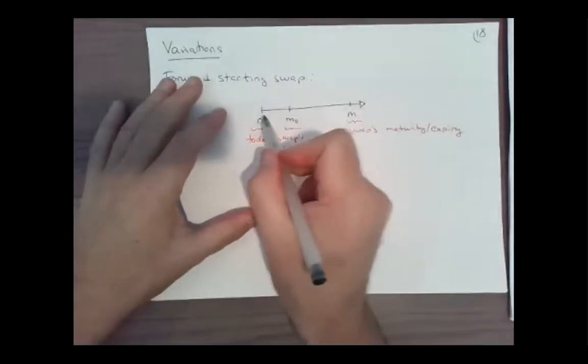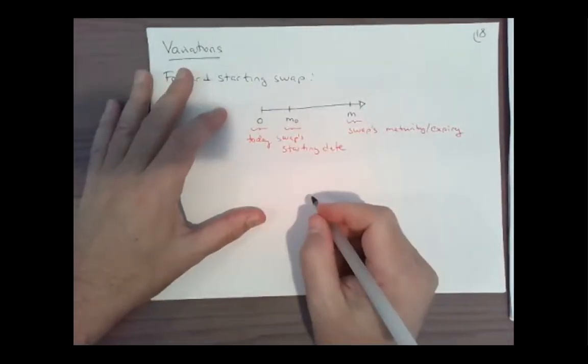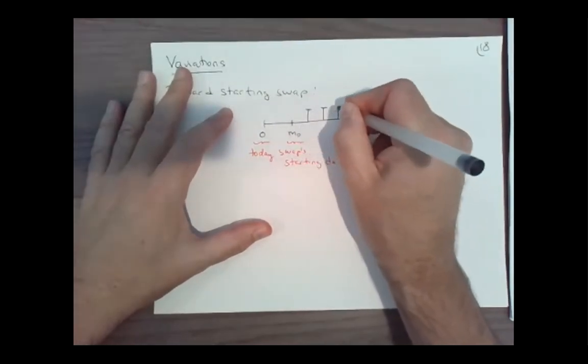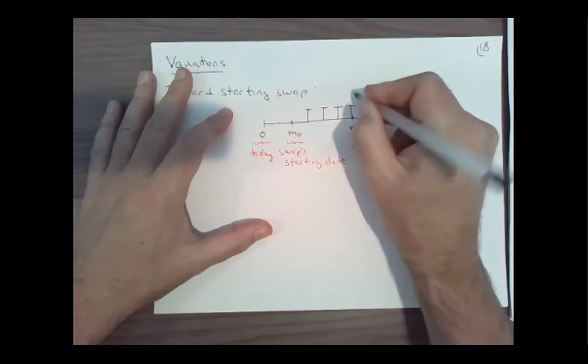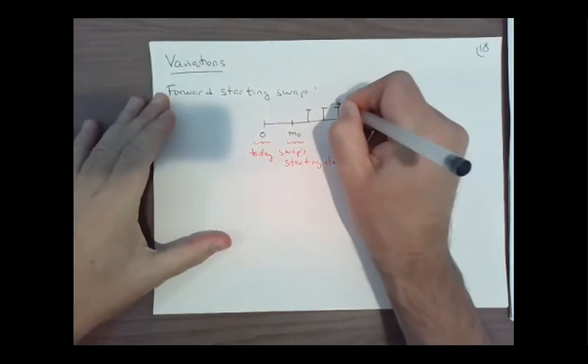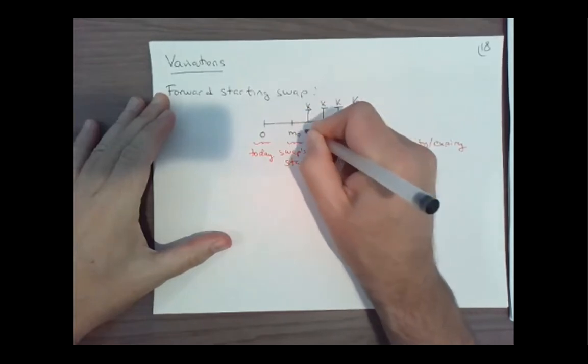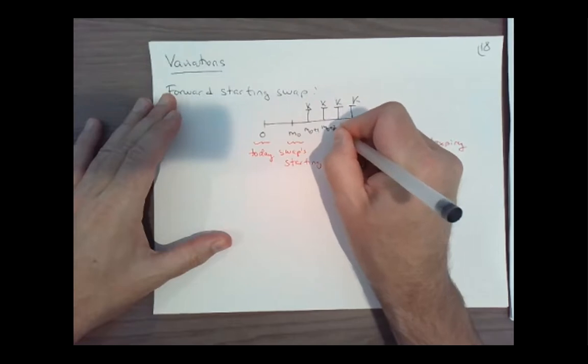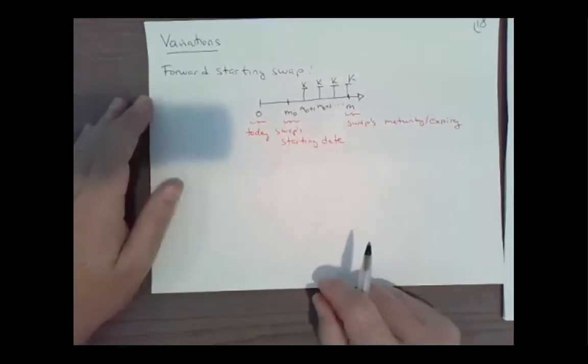So there will be no payments coming in between here. And then what's going to happen here is we'll have the fixed payments. So this will be at time m0 plus 1, m0 plus 2, and so on.